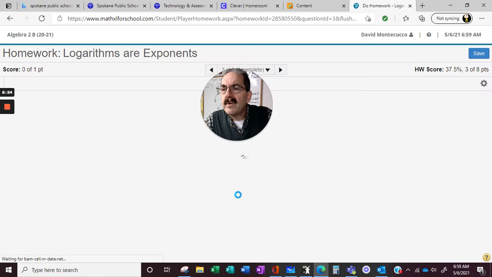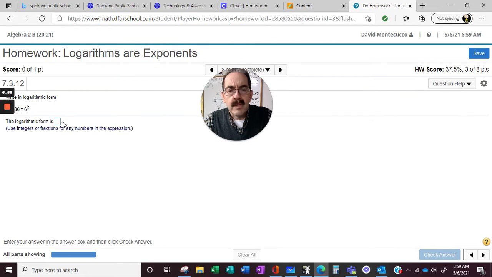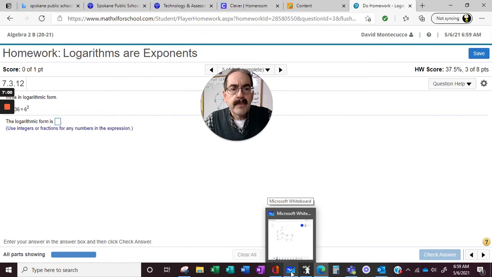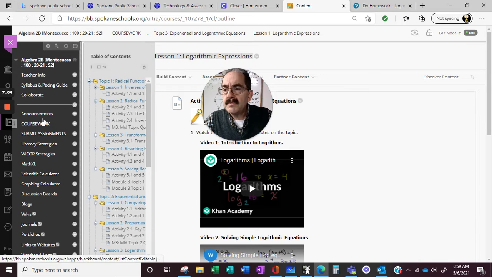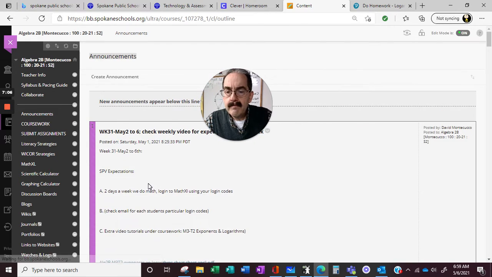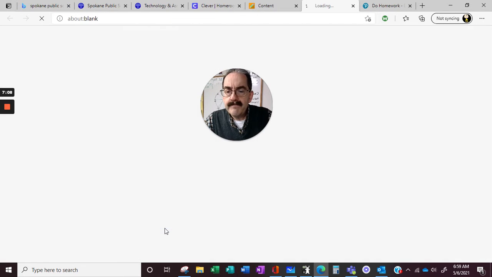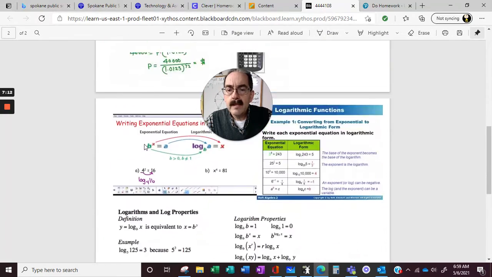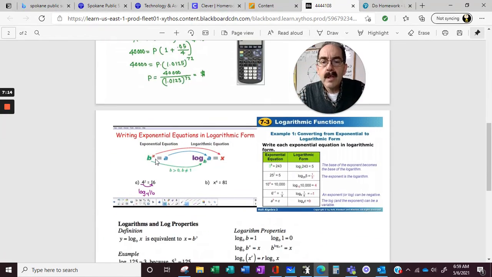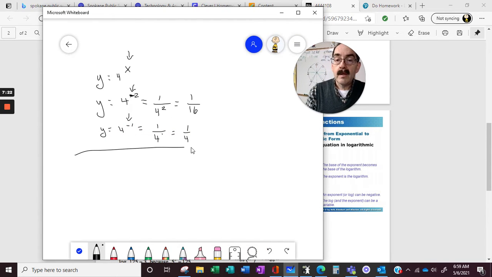This one is write the logarithmic form. Remember that we can go to announcements, cheat sheet, and convert exponent to logarithmic.